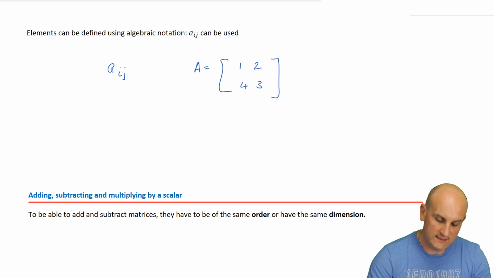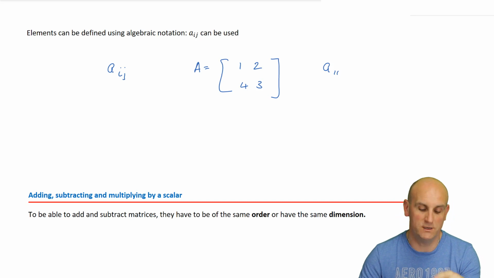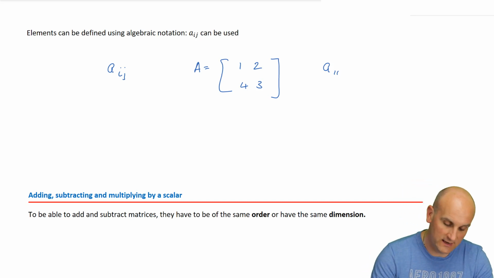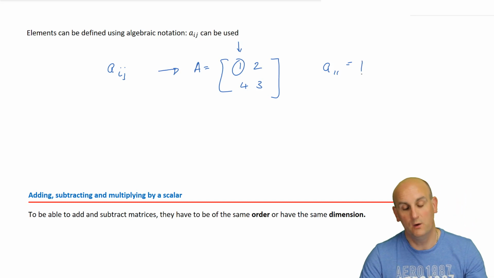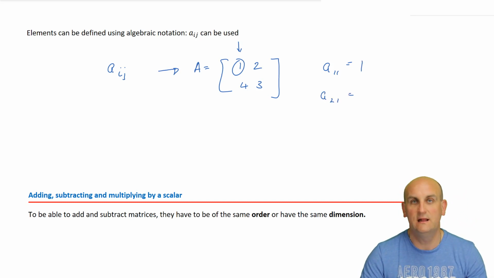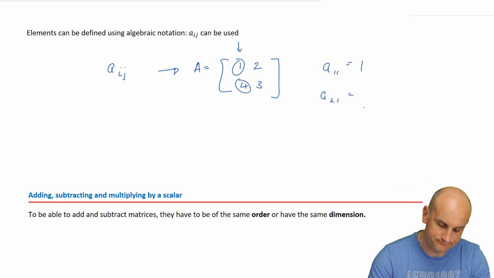Then what I now know is that A11 is referencing the first number in the first row, first column. So there is my first row. There is my first column. And so in that situation, A11 would be 1. And in the same way, A21 would be the second row, first column, which would be 4.